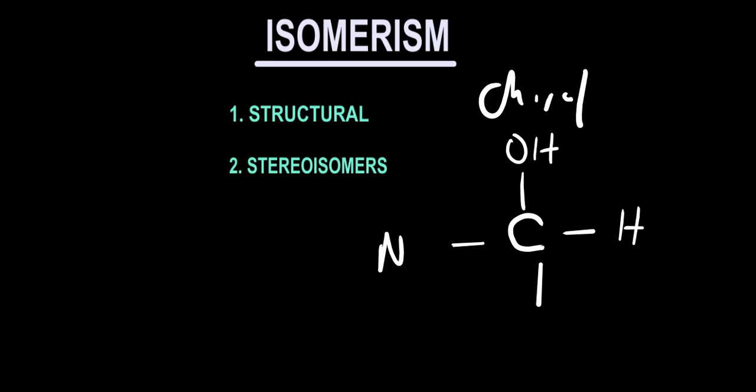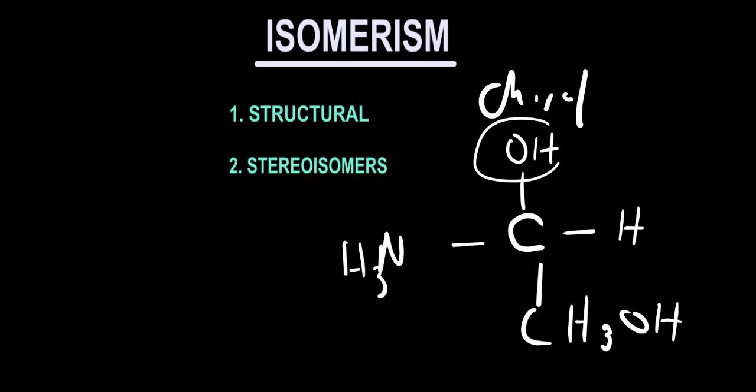Let me say NH3. Probably this side is also connected. Maybe let me say H. Now these groups are different. You've got a hydroxyl there, you have a hydrogen, you've got a carbon, like that.